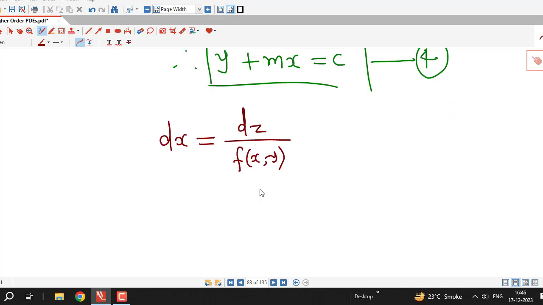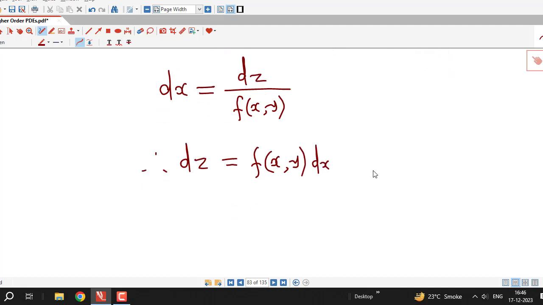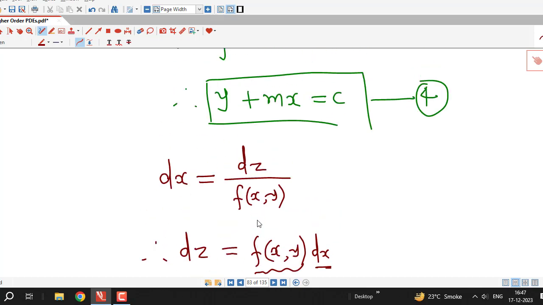So what I can do is write dz equal to f(x,y) times dx. Then with dx I must have a function of x only, but here I have a function of 2 variables x and y. So for that we are using this first solution.